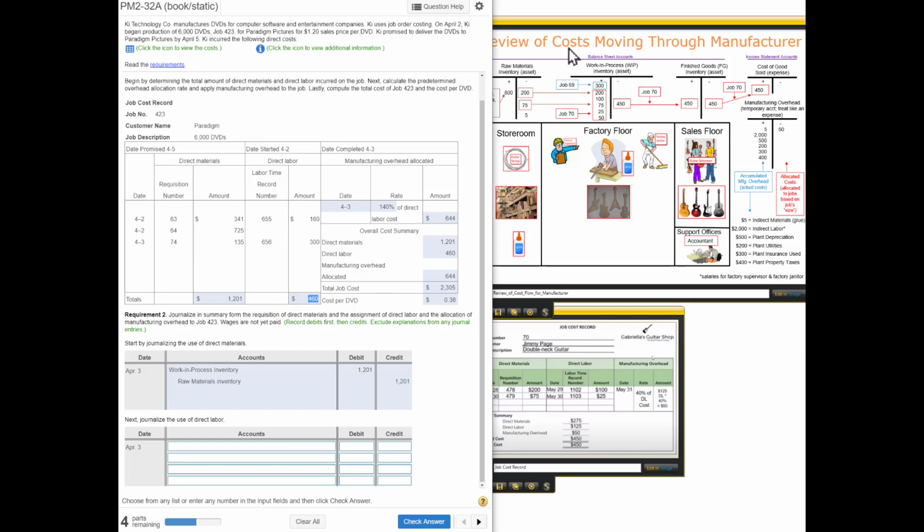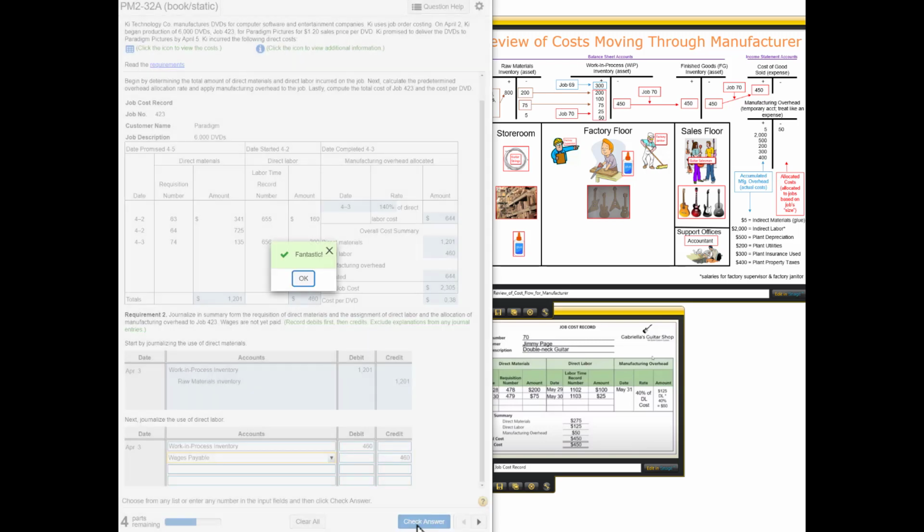So we have to increase the work in process inventory account. How do we increase it? On the left side. So work in process is increasing by $460. Then we have to increase wages payable because we will pay those people or that person later.